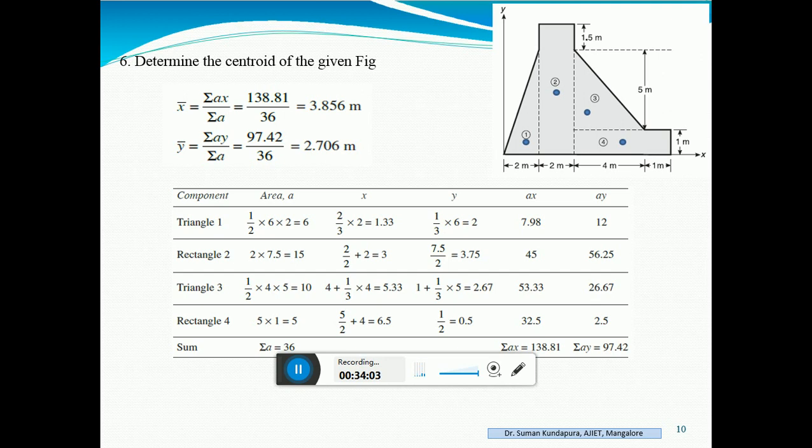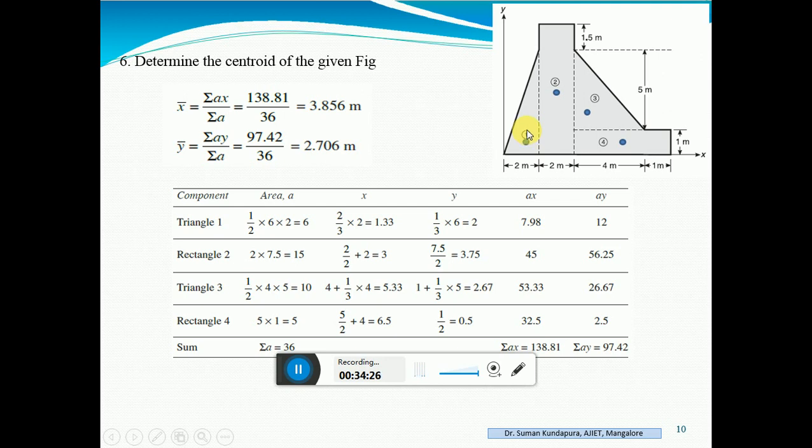So first triangle, you take this. What is the area of the triangle? Half into base into height. They have given you the height here, 5 plus 1, up to here it is 6. So it is half into base 2 into height 6 for the first triangle.